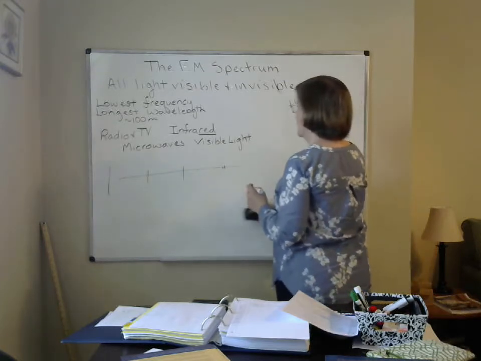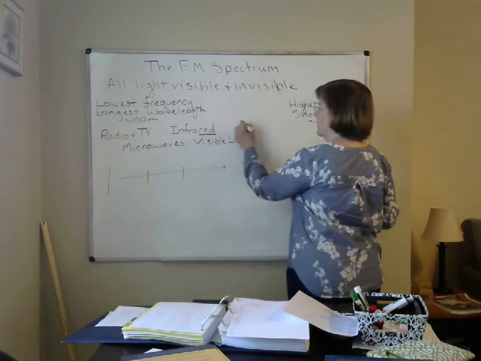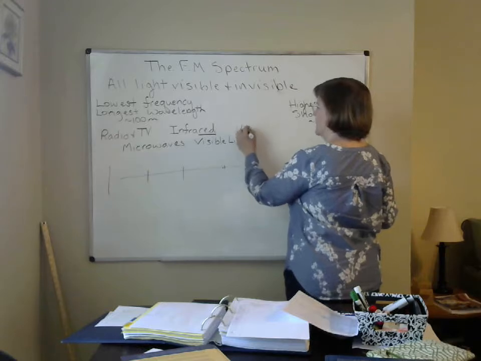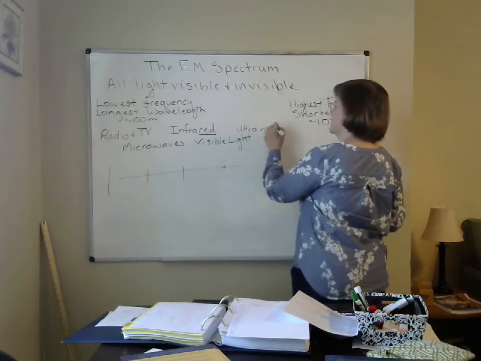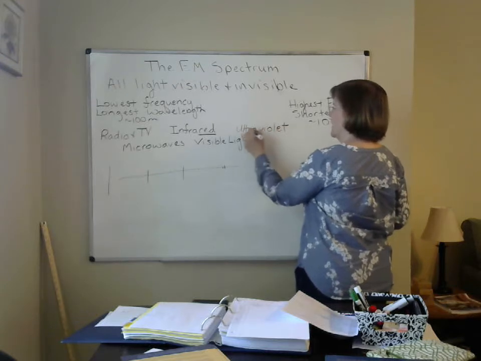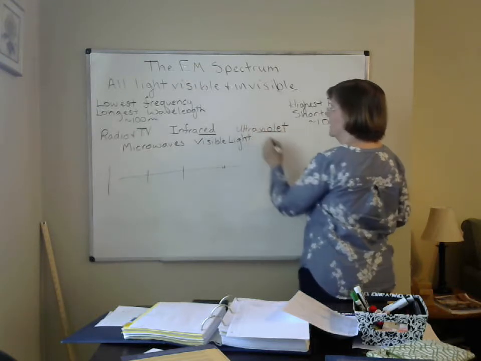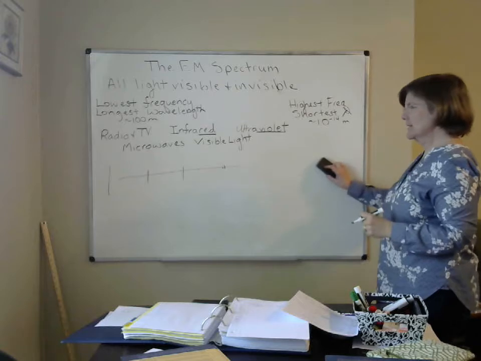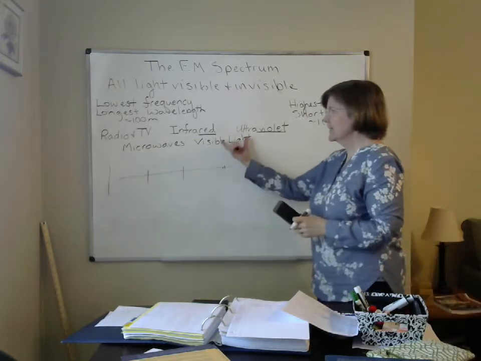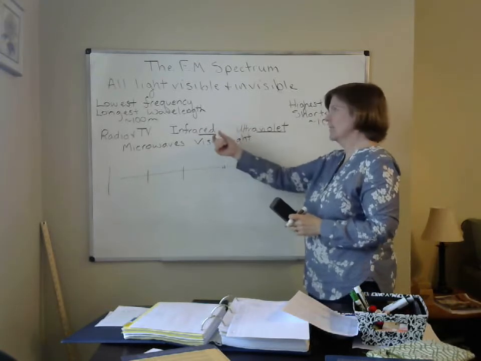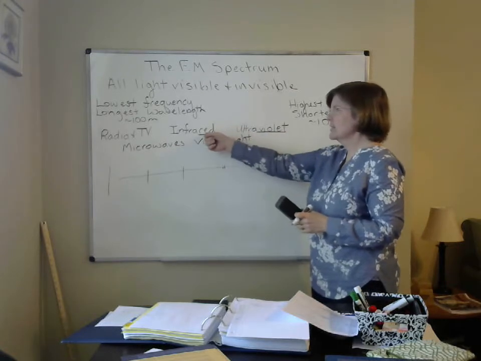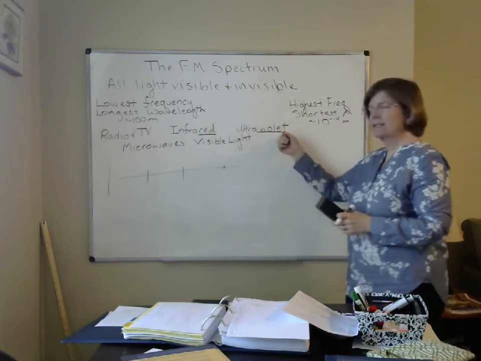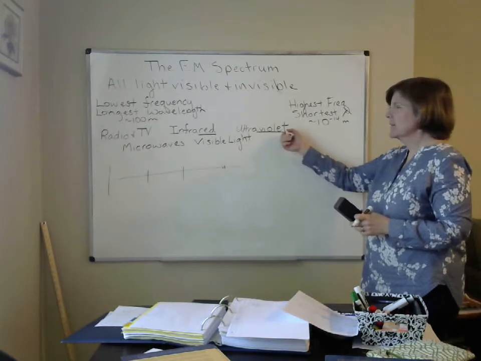After visible light, we get ultraviolet. Usually it's abbreviated as UV radiation. Notice the word violet. Visible light fits right there in a little teeny spot between infrared and ultraviolet, just below red, just above violet light.